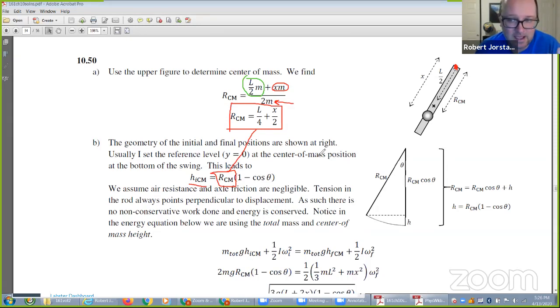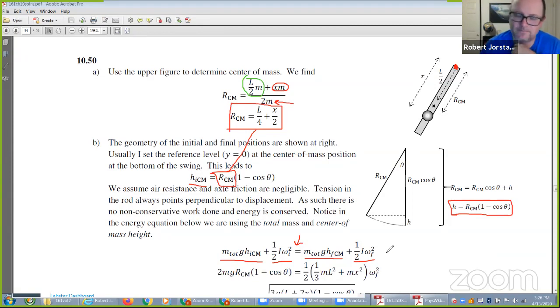And it's the same exact problem. Anytime you have a swinging motion, if you have this memorized, it will save you a few minutes. I have initial gravitational, initial rotational, no work because of the negligible axial friction. I have a final gravitational and final rotational energy.